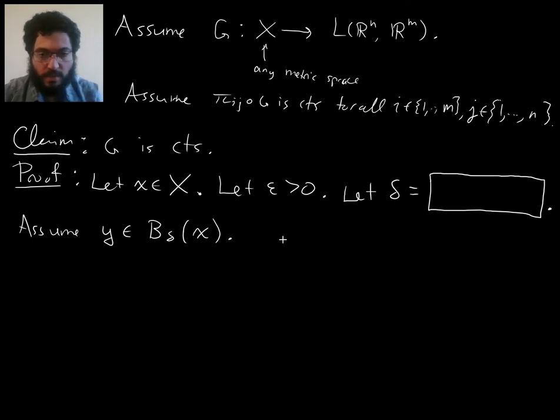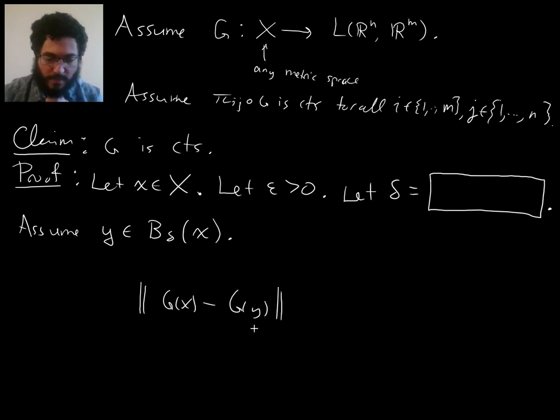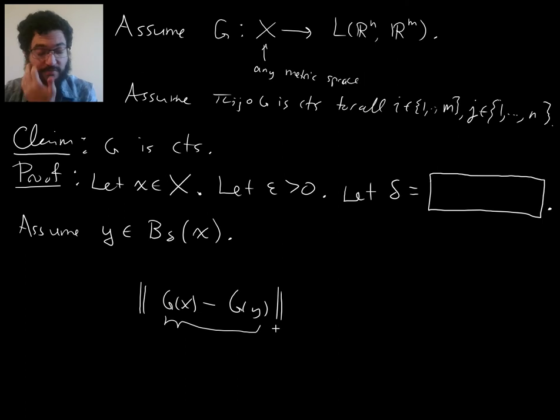And now, remember I'm trying to work with this norm of a linear map. So I'm going to plug in an arbitrary vector into this linear map. I'm going to feed it an arbitrary vector of length at most 1. What should I call the vector?